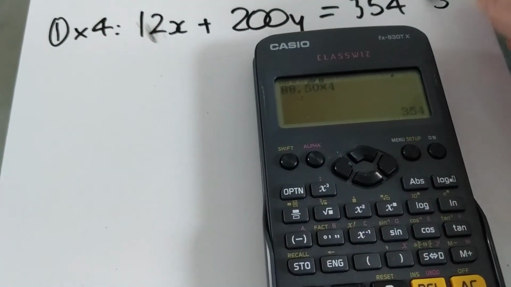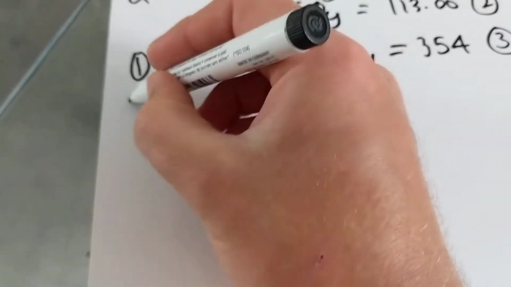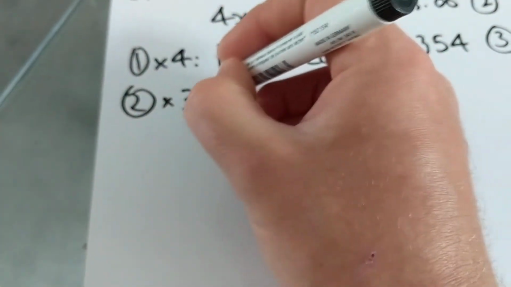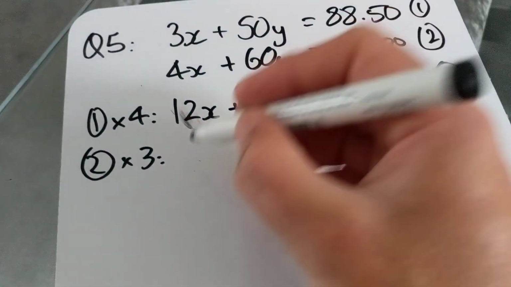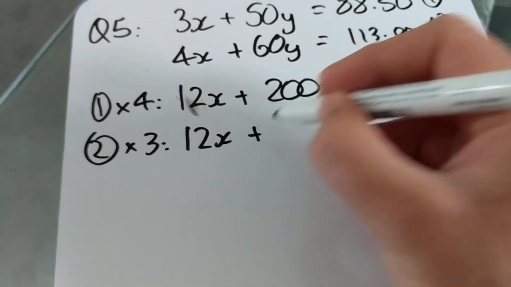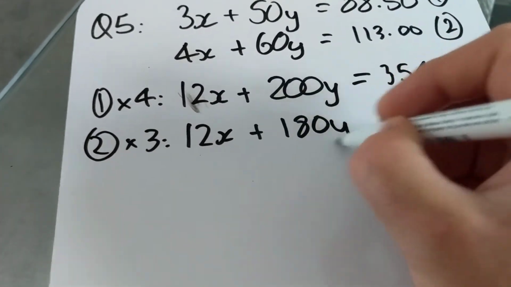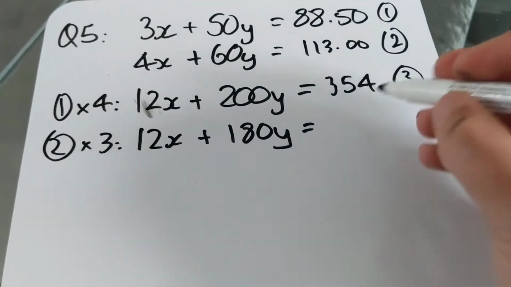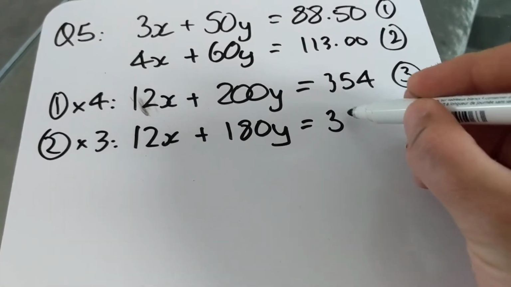Okay, so that's equation 3, and then the last one there, if we take equation 2 and times it by 3, I'll get 12x plus 180y equals 113 times 3 is £339.